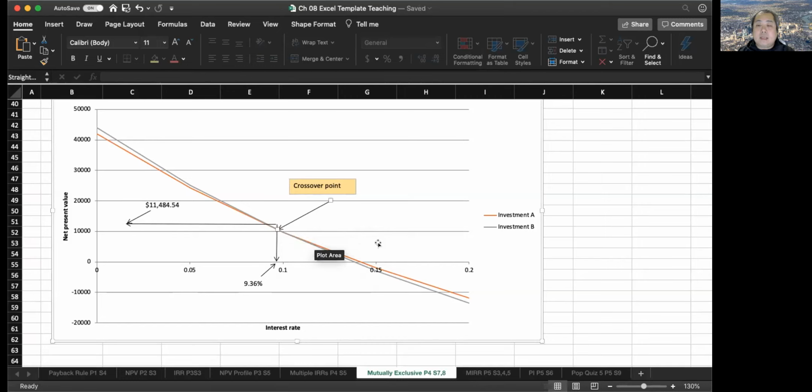It means that if R is lower than 9.36%, B is better, B is higher. If R is higher than 9.36%, A is better. Our R is 7%, so B is better.